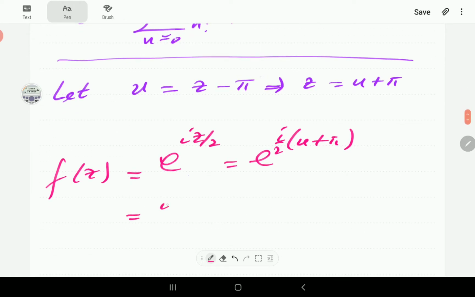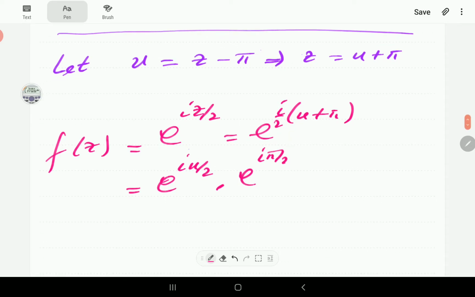So this is going to be e to the iu over 2 times e to the i pi over 2. e to the i pi on 2 is just i.